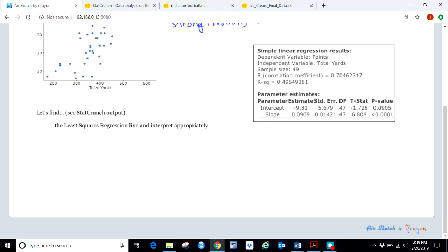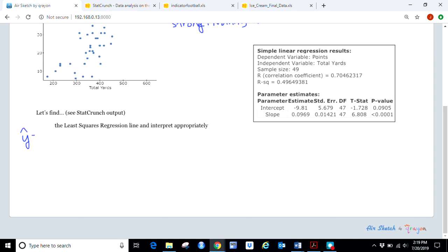So looking at our output here, the main place we're going to focus right now is down here in the parameter estimates. There's an intercept of negative 9.81 and a slope of 0.0969. So that's going to help us write out our equation.